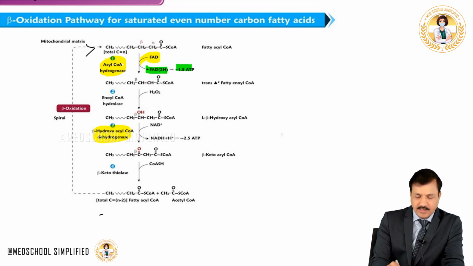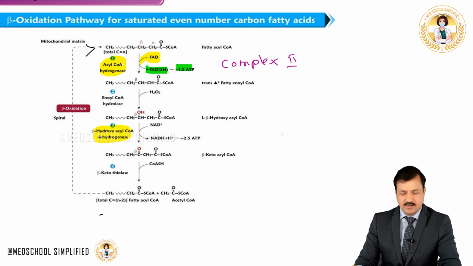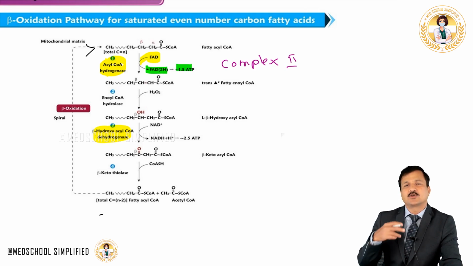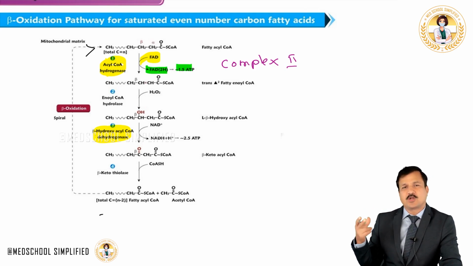Because FADH2 will enter into complex 2 in the electron transport chain. And as we have studied in the electron transport chain lecture, anything that enters into complex 2 of the electron transport chain, that is FADH2 entering there, is going to help in pumping 6 protons, and that means 1.5 ATPs are generated there.